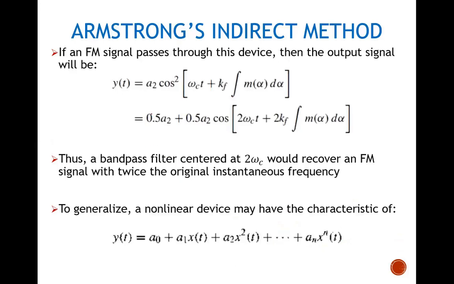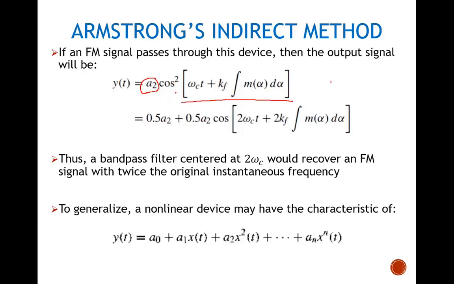The output y(t) is given by this expression, where you can see a2, the constant, appears as it is, and we take the square of x(t), which becomes cos squared, and the term inside represents the phase of the FM signal.